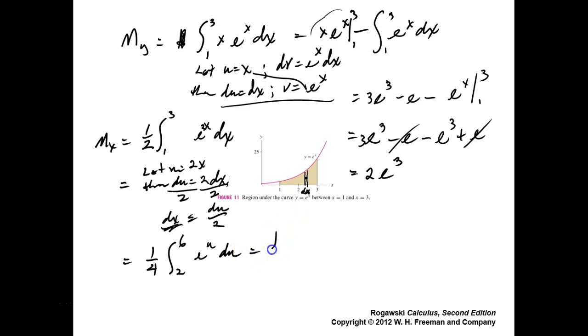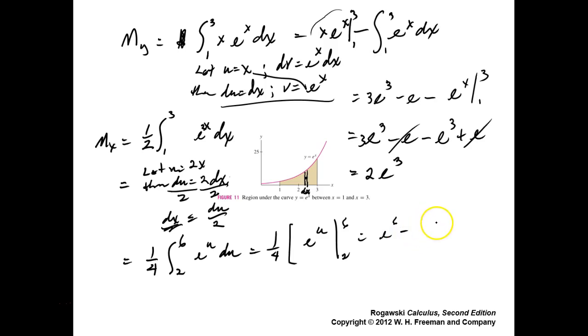What does this give us? 1/4 e to the u, evaluated from 2 to 6, which would be e to the 6, is that what you said? Yeah, okay.